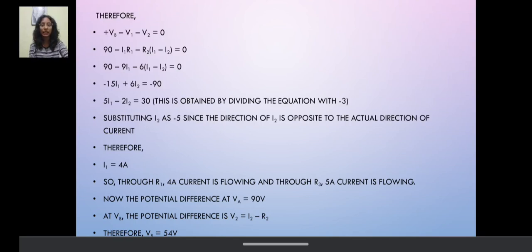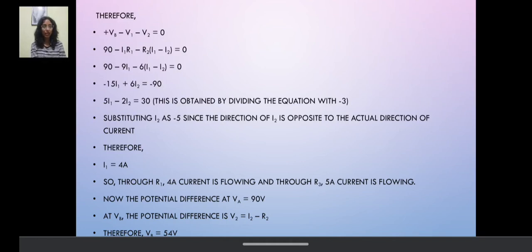Then 90 minus I1 R1 minus R2 (I1 minus I2) is equal to 0. 90 minus 9 I1 minus 6 (I1 minus I2) is equal to 0. Next step, minus 15 I1 plus 6 I2 is equal to minus 90. So, 5 I1 minus 2 I2 is equal to 30.